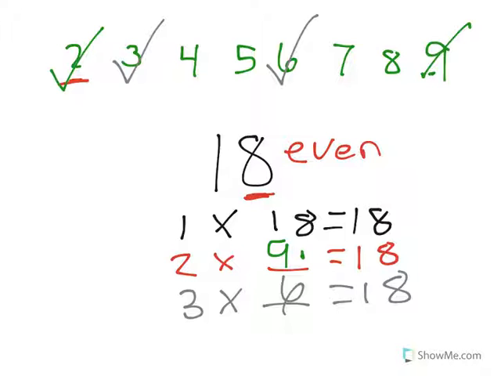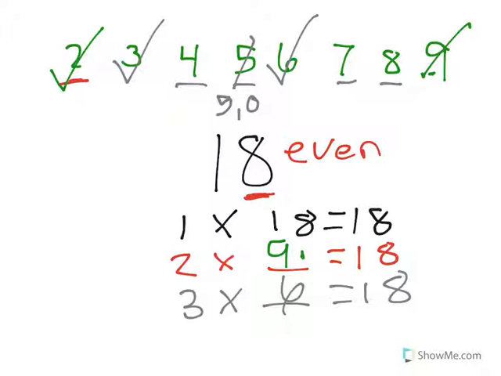If I look at the rest of my options, 4, 5, 7, and 8, are there any options we can get rid of? That's correct. We can get rid of 5, because I know that any time 5 is a factor, it has to end with a 5 or a 0.